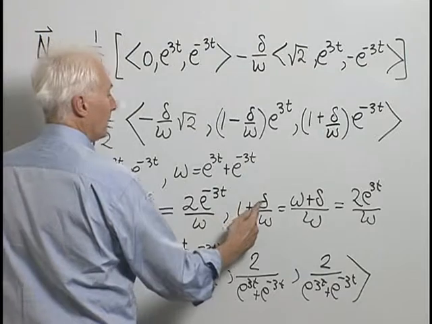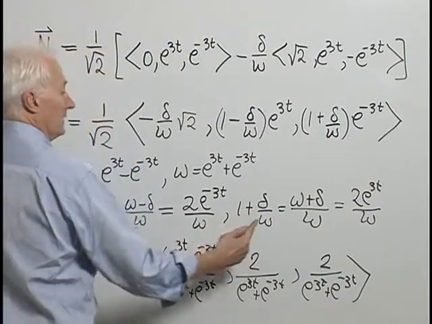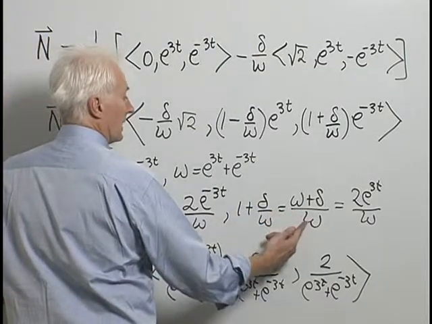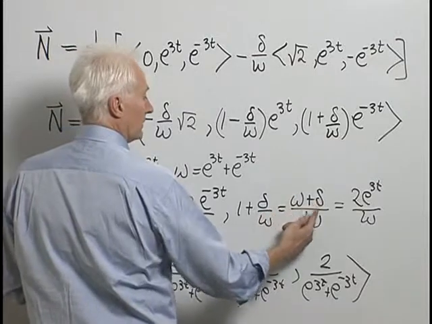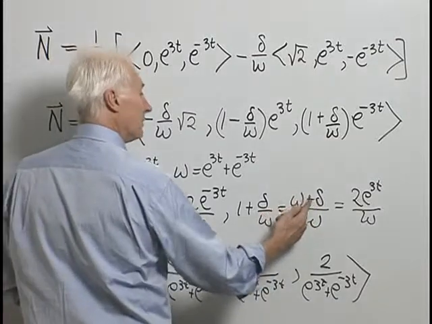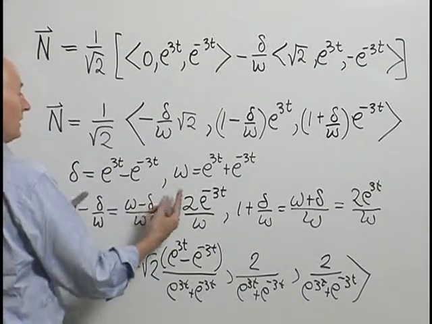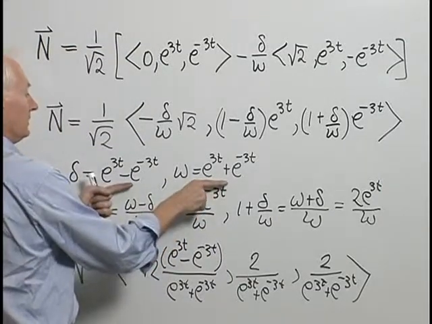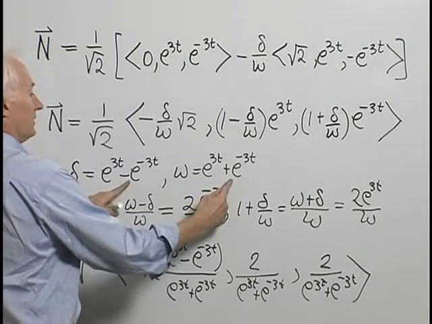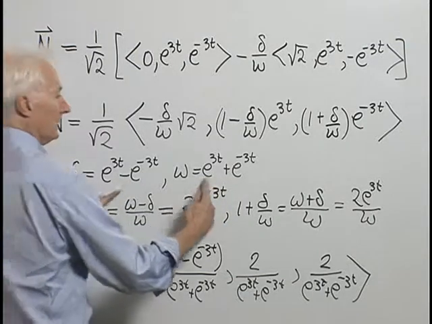And what about the 1 plus delta over w? Same thing, putting it over a common denominator, we have w plus delta over w. And so what is w plus delta? Well, when you add these two things, notice these two terms cancel, and I get twice e^(3t).